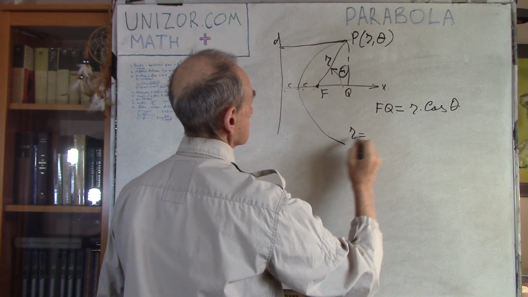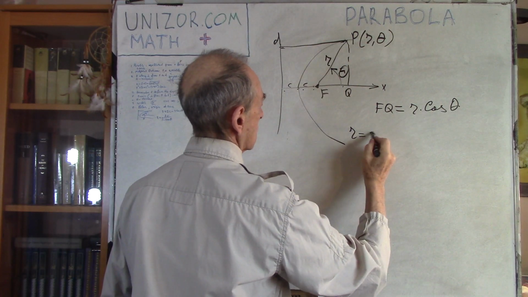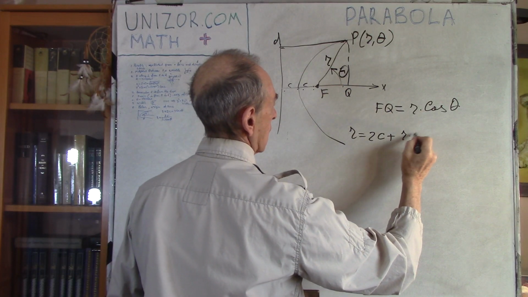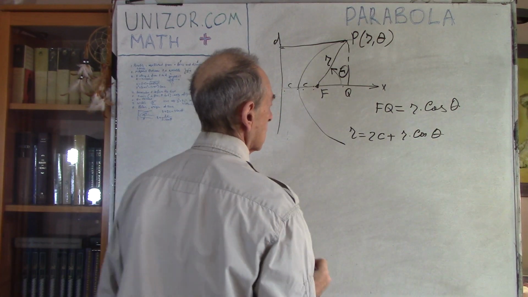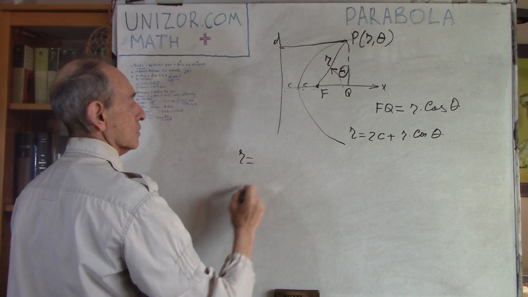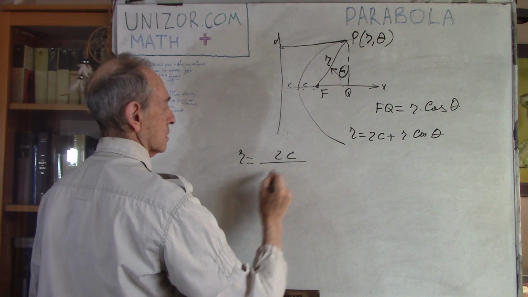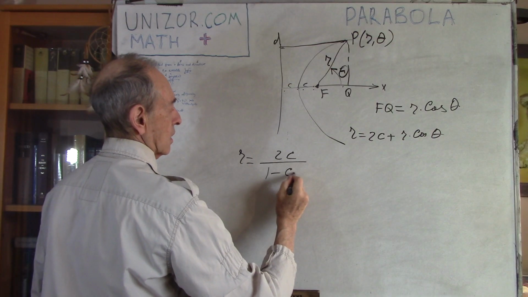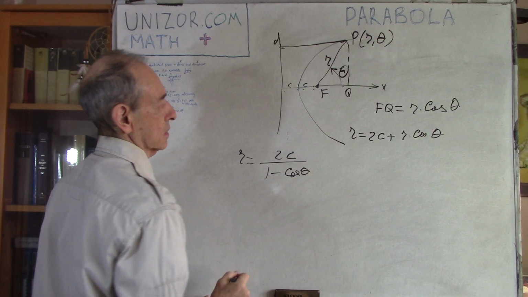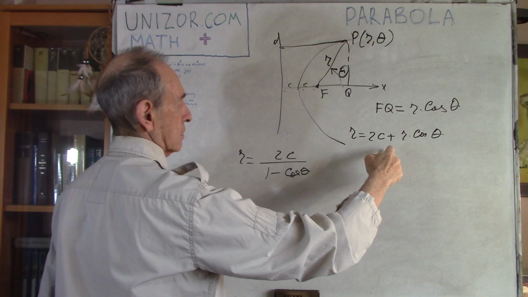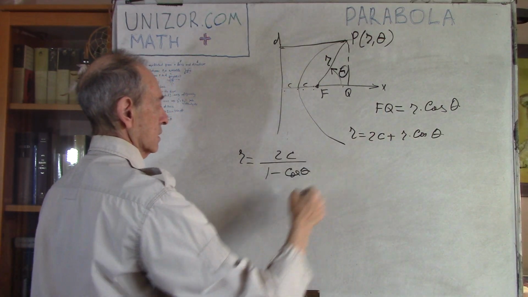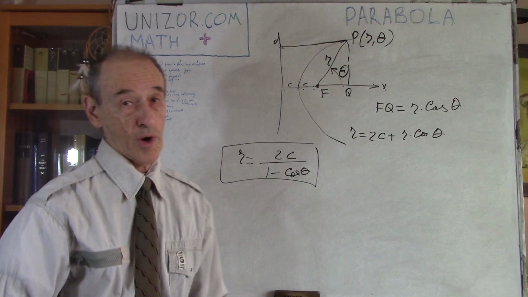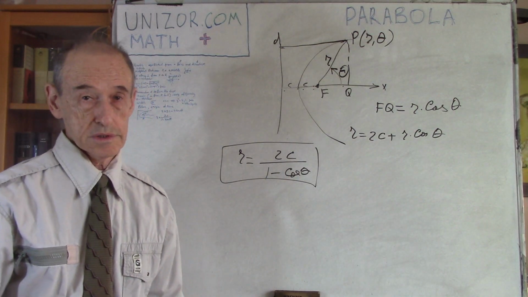So r is equal to 2C plus FQ, which is r cosine theta, from which r is equal to 2C divided by 1 minus cosine theta. Am I right? This goes to this, r outside, 2C divided, yes. And this is our formula for the parabola in polar coordinates.